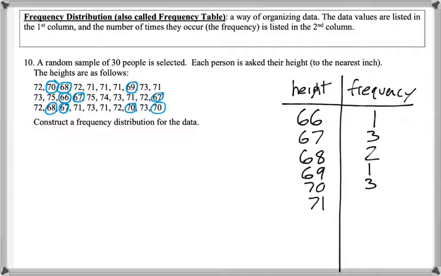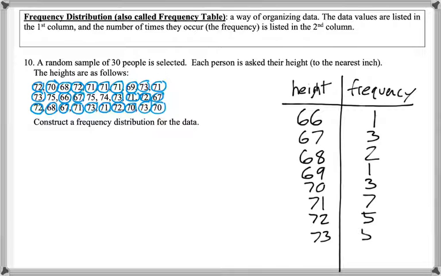71 occurs 7 times. 72 occurs 5 times. 73 also occurs 5 times. 74, there's only one of those.